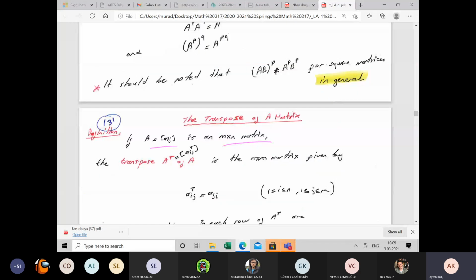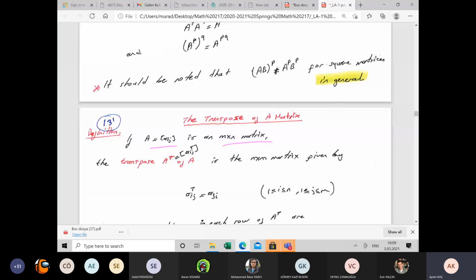The transpose is denoted by A to the T. If our matrix is n by n, the transpose matrix should be n by n. But our aim is to define the transpose matrix. The first step gives the dimension, which should be n by m.